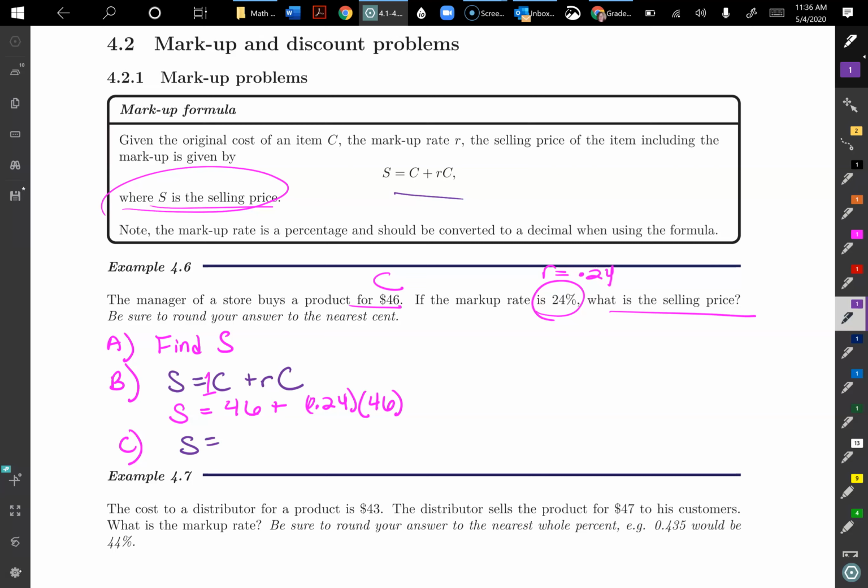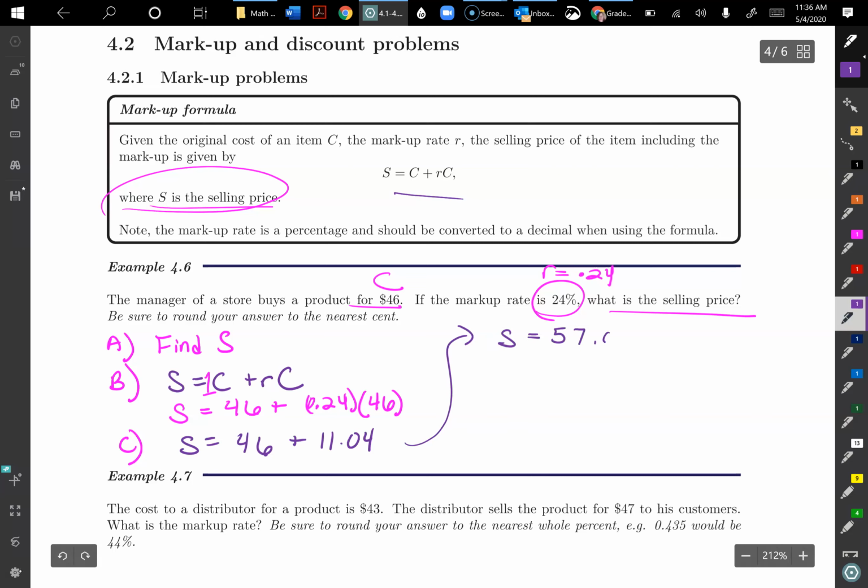So then we end up with S equals 46 plus 11.04. And then when we add that on, I'm just going to draw a little line up here so it fits. We get 57.04.